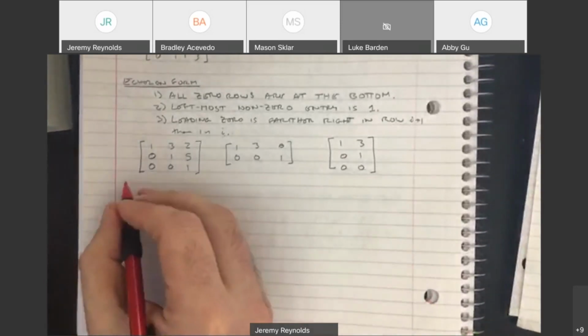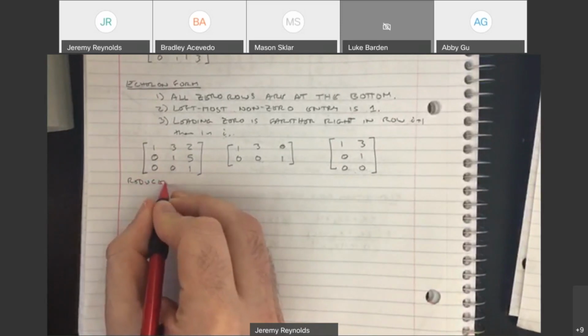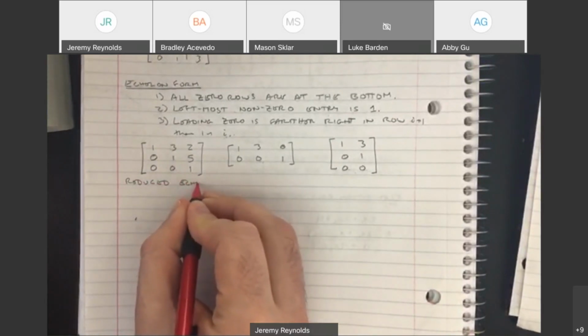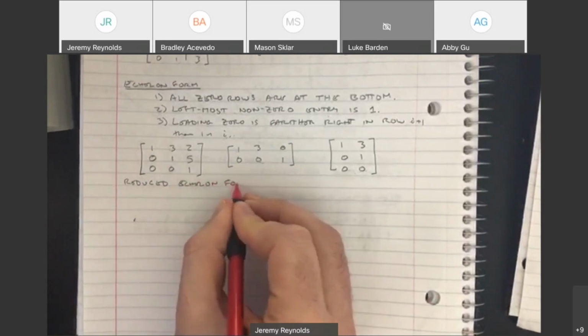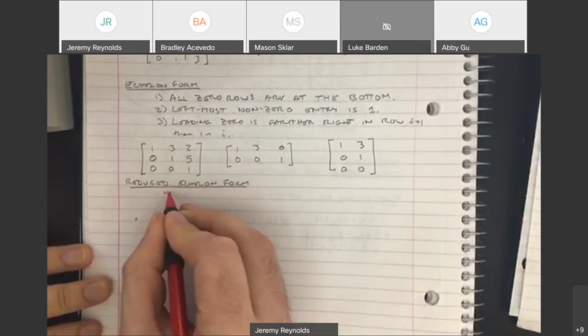So then the next step when we're solving the system is we want to get it into what's called reduced echelon form. In reduced echelon form, it has one more rule.